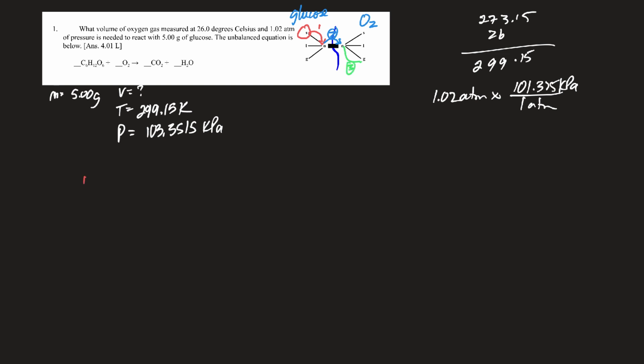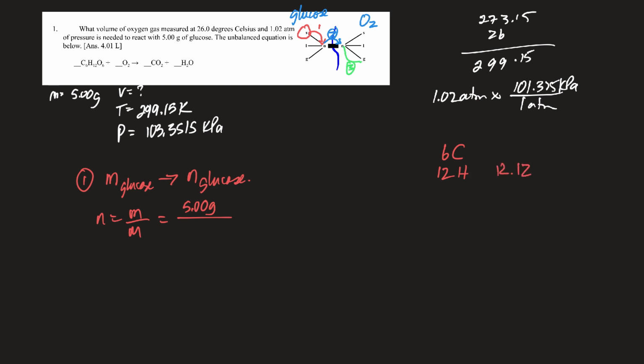Okay, so step 1, I need to take mass of glucose and convert it to moles of glucose. I can use this formula to do that. Mass is 5 grams. Molar mass of glucose, there's 6 carbons and 12 hydrogens. That's 12.12.